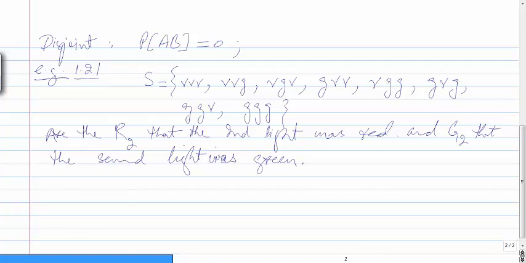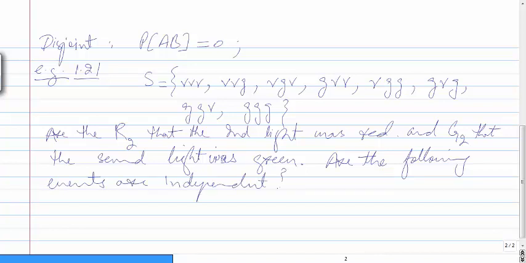Now the question is: are the following events independent?